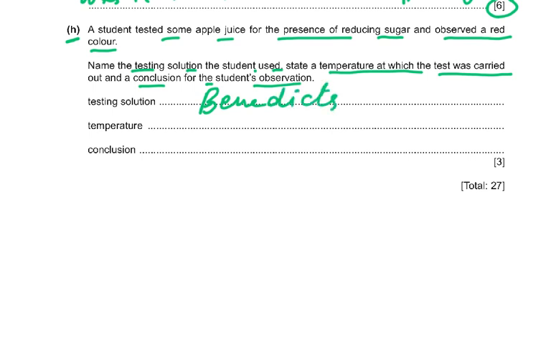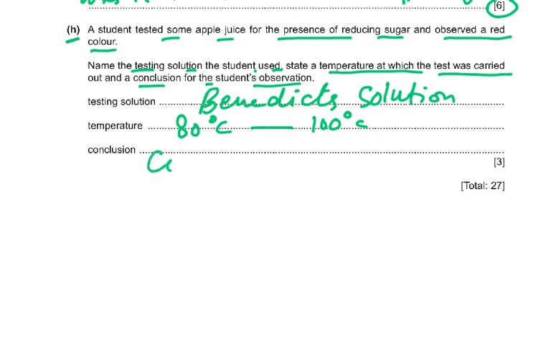They said solution, so if you did write it or didn't write it, it didn't really matter. And then what was the temperature? Anything between 80 degrees Celsius and 100 degrees Celsius. So if you said 80 degrees, that was fine, but anything between 80 and 100 was allowed. You should just write one, don't write a range.